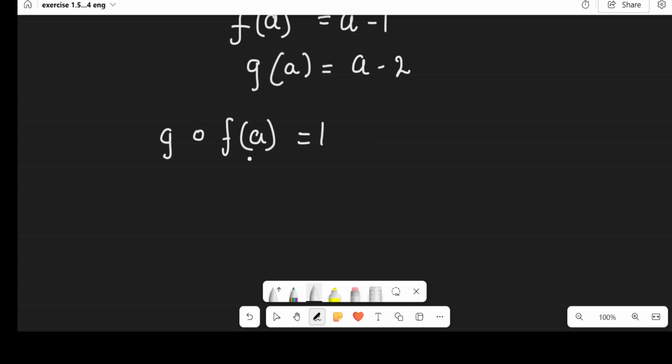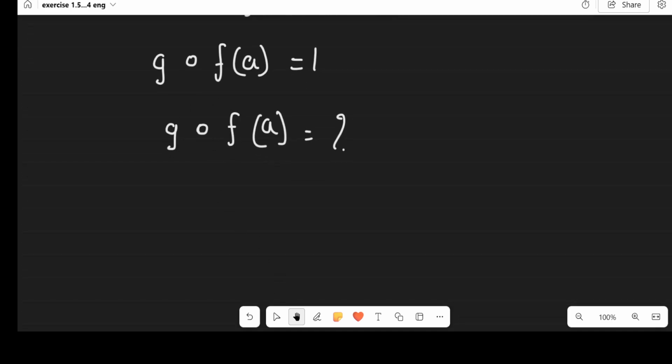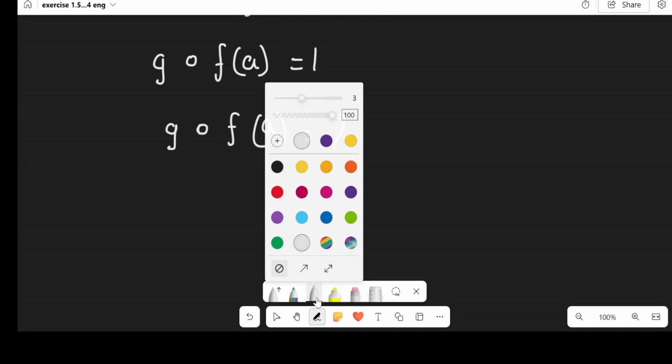That's the question, right? So we should find out the value of g of f of a next. Already we had applied a instead of x, so that we can easily find out this one, right? This is coming under the concept of composition of functions.